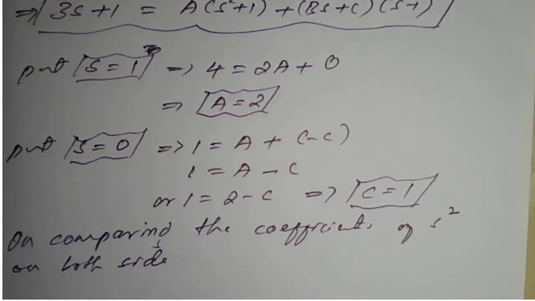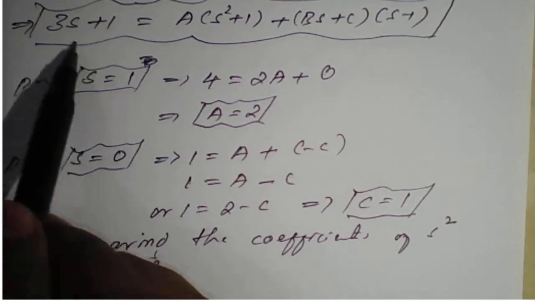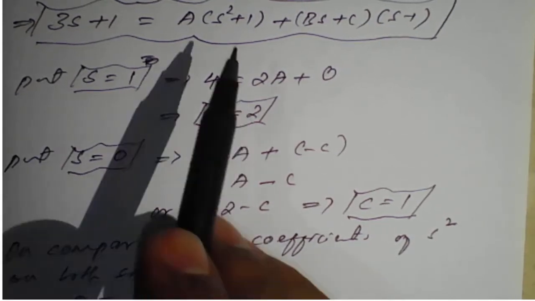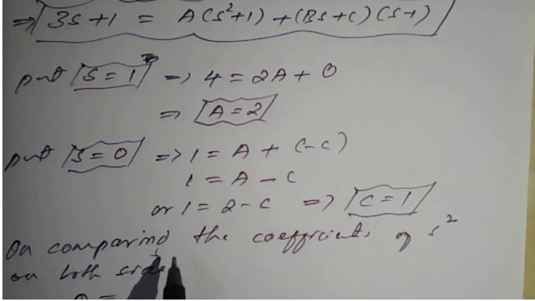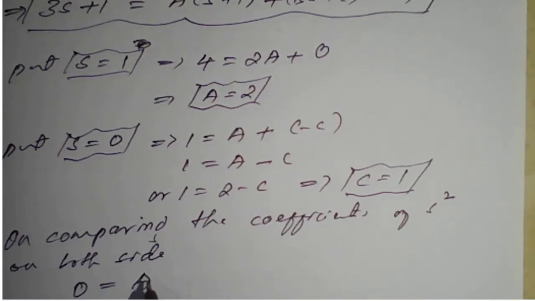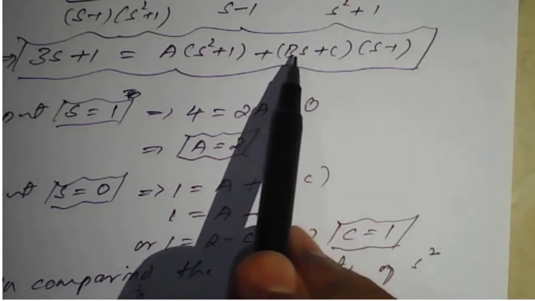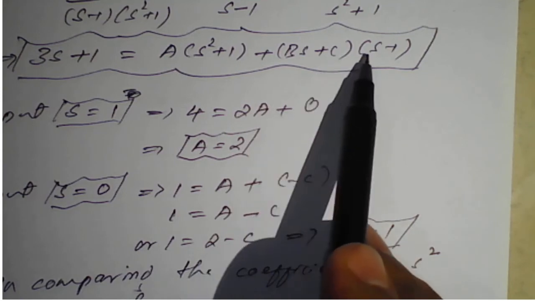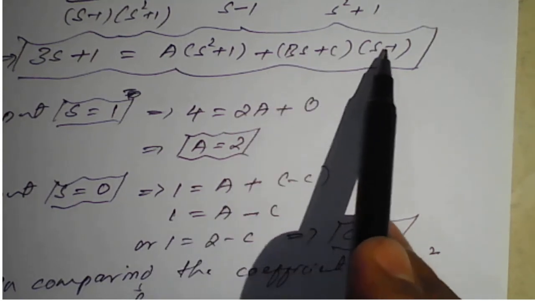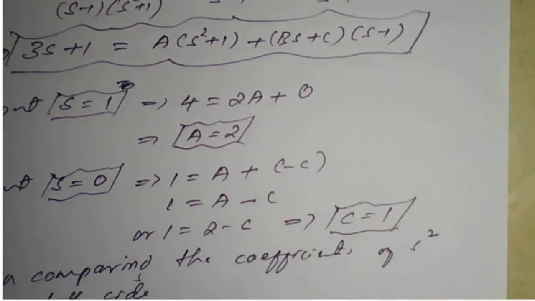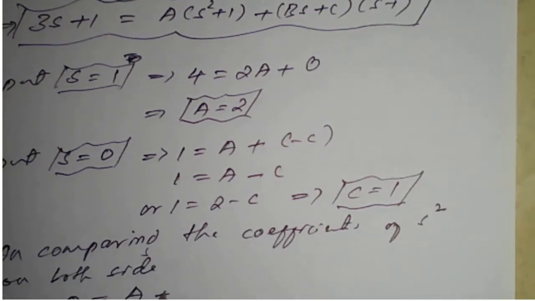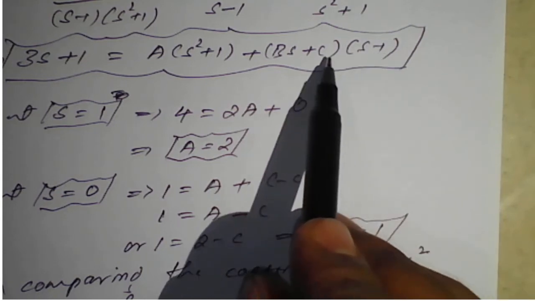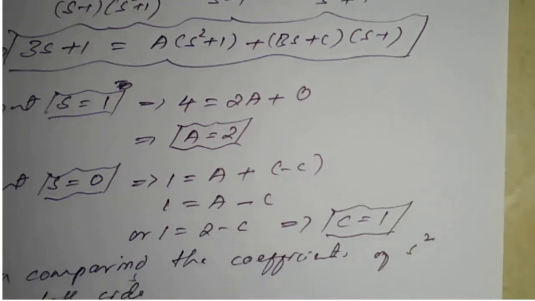There is no s square on the left, so 0 is equal to, on the right, A into s square gives A. Next, Bs into (s minus 1) gives Bs square, so the coefficient of s square is plus B. But C into (s minus 1) becomes C into s, which is not s square.